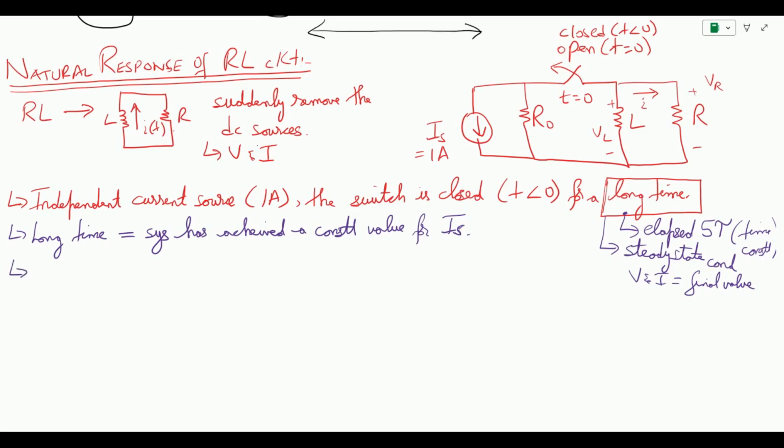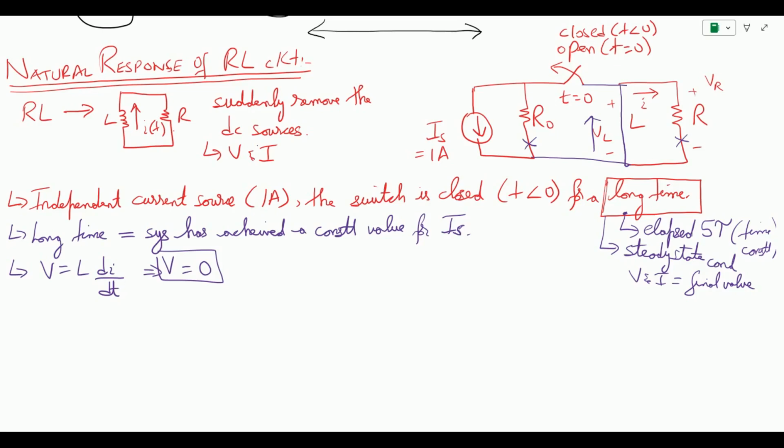Since the constant source is now appearing on all of the circuit elements, we know by principle that if there is a constant flow of current, then the voltage becomes equal to 0 in case of the inductor. This means that the current will only go through the path of the inductor from here, and it is going to avoid the path of the resistance, which is R0 and R. Thus, this inductor receiving a constant current will behave as a short circuit, as seen over here.